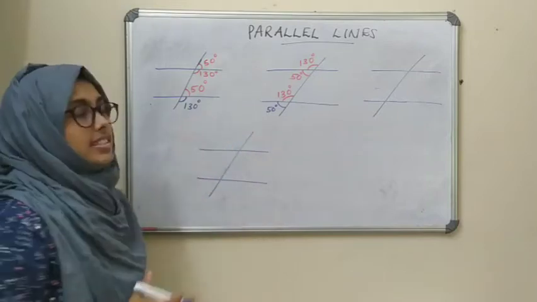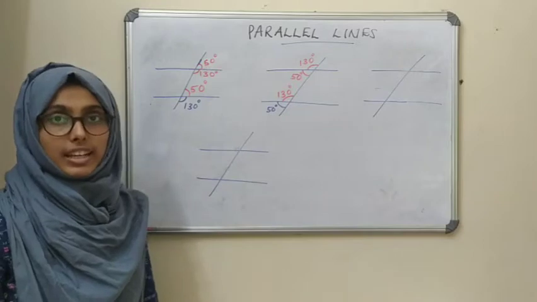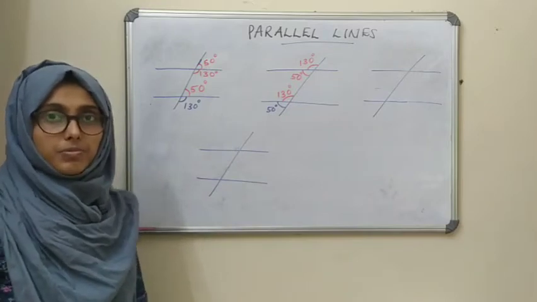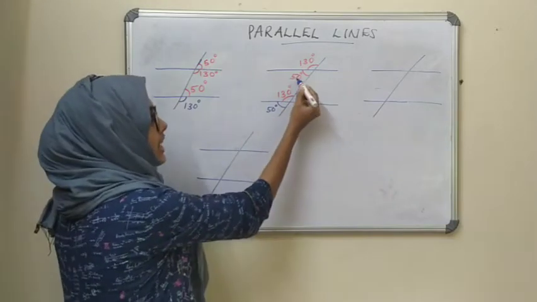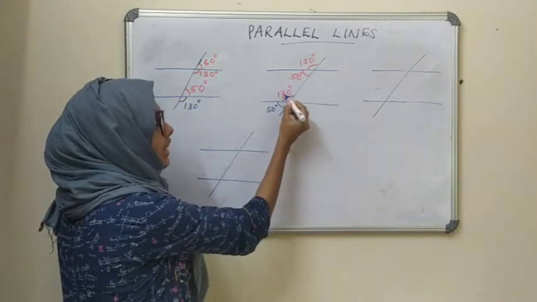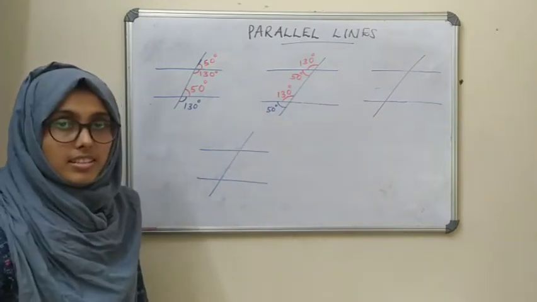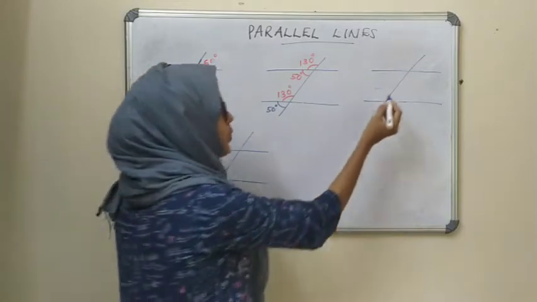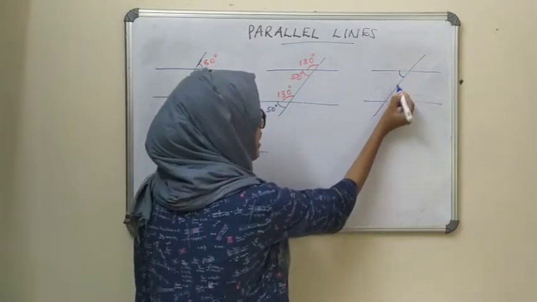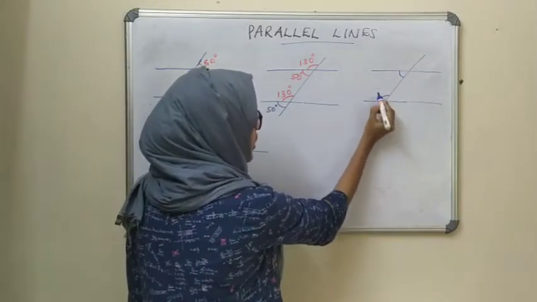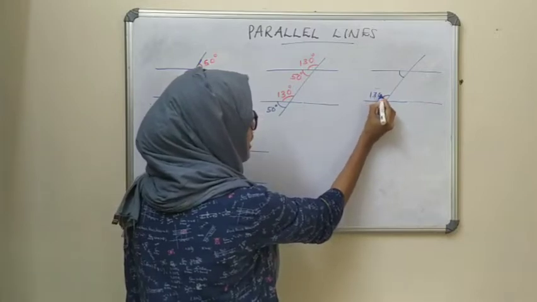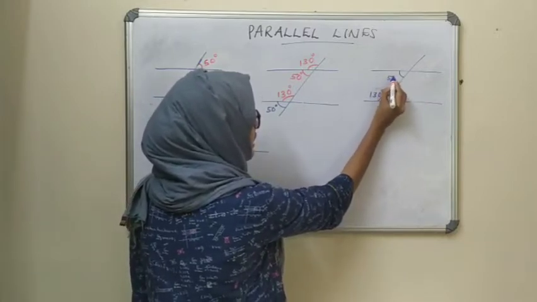Now can you see any similarity or any speciality in these figures? You just add these numbers, 50 degrees and 130 degrees. How much is that? 180 degrees. So in this case, you can see both these two angles, 130 degrees and 50 degrees.